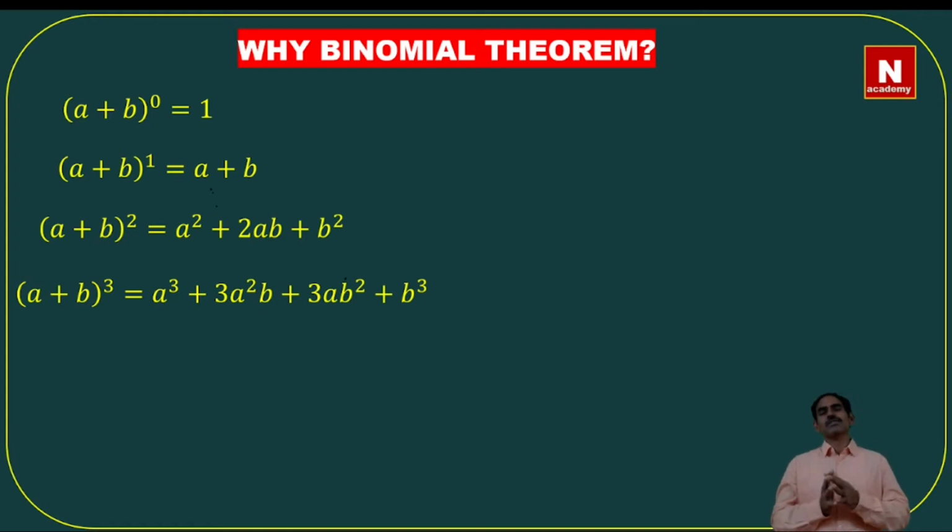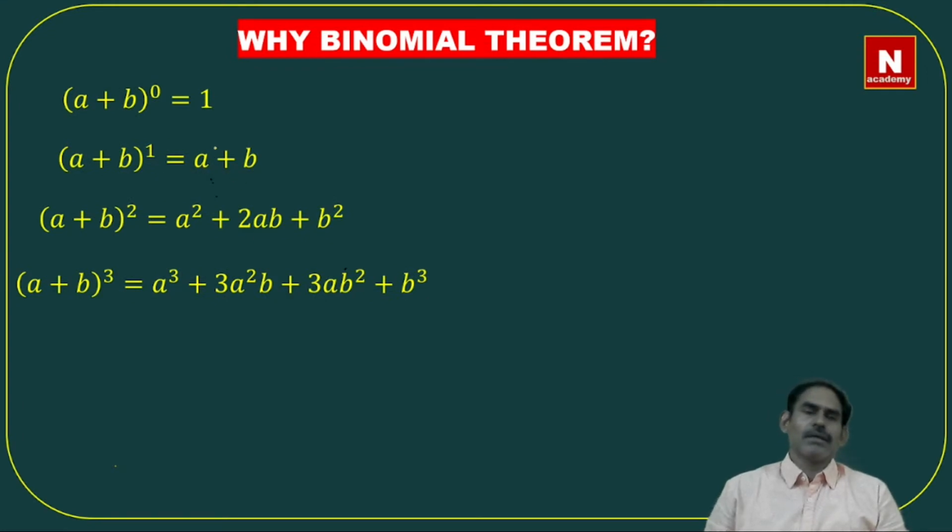So this theorem is known as the binomial theorem. See, on the RHS, in the (a plus b) power 1 expansion we are getting two terms. (a plus b) whole square contains 3 terms. (a plus b) whole cube contains 4 terms.